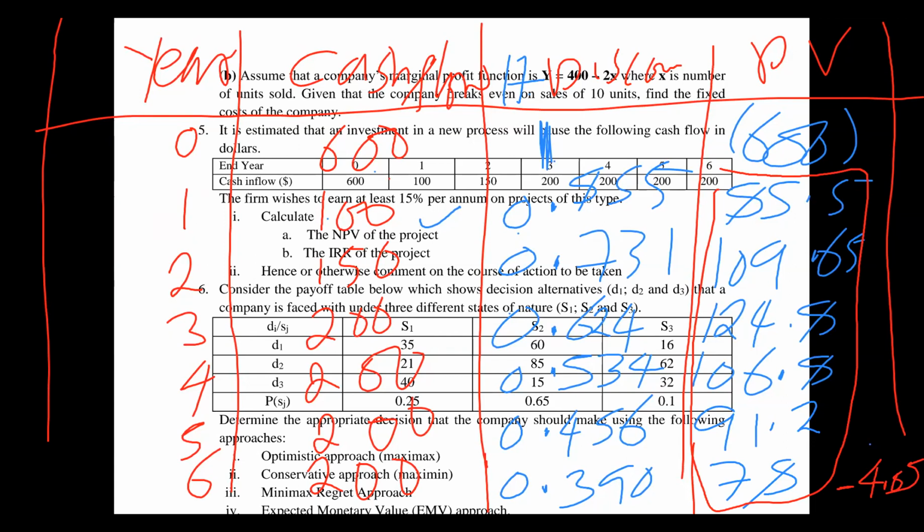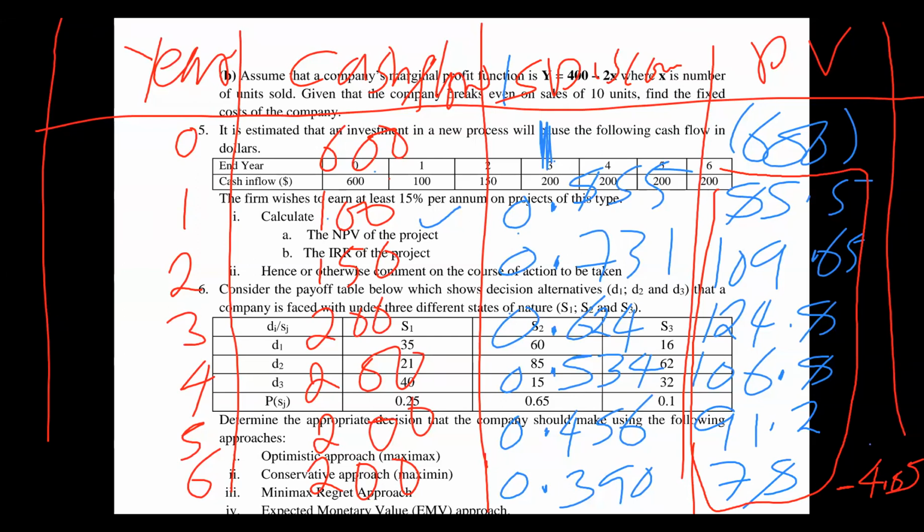So this is at 17%, but when you did it at first at 15%, the same process, but the discounting factors were different. The net present value we found was 32.2. It was positive. That is the answer for A.